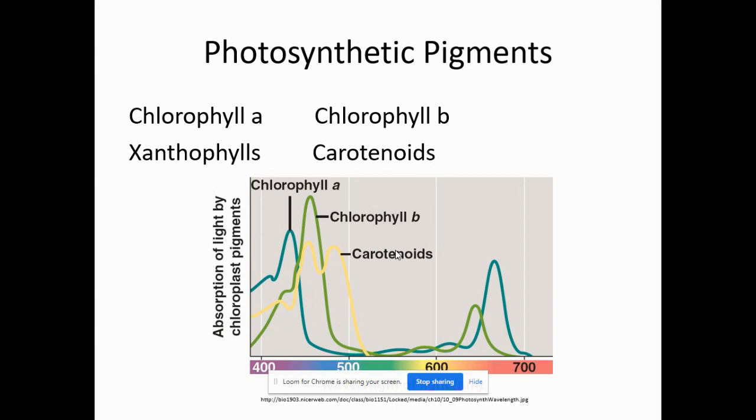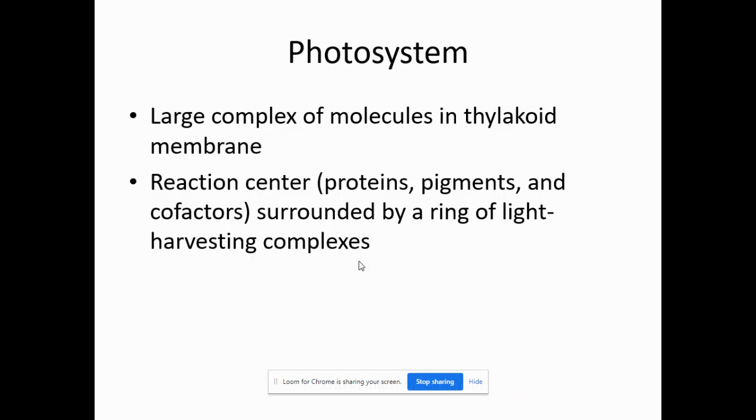Don't you think it would be more efficient to make the same type? Probably, but they take the energy to make different pigments because that allows them to capture light across a greater part of the spectrum. So they can capture more light, and that light can drive photosynthesis.